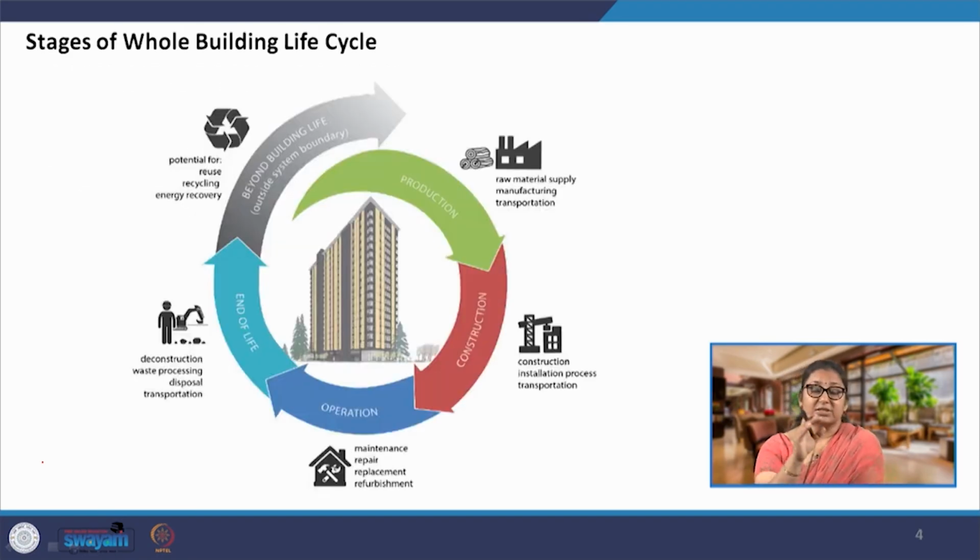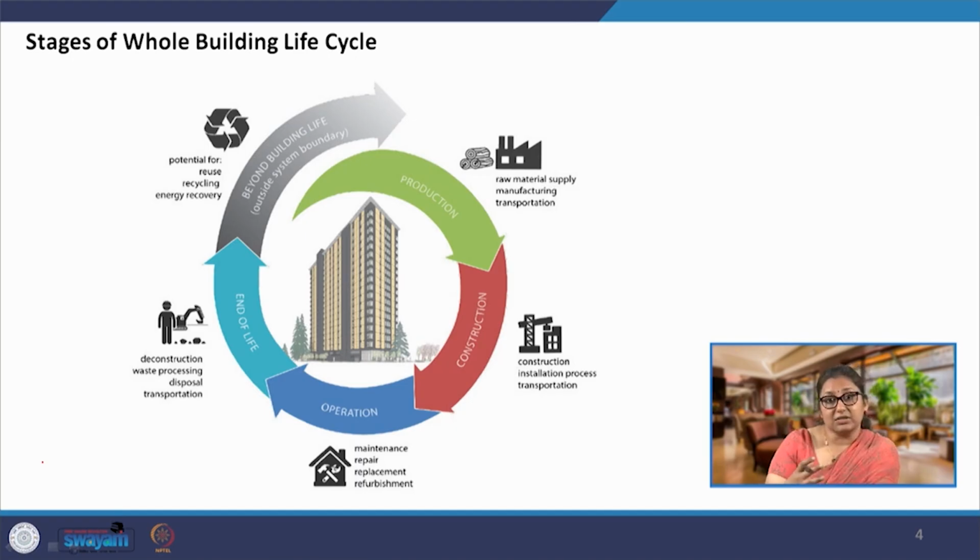So, starting with the stages of whole building life cycle, very simple, we clearly understand that the whole process of constructing a building starts from extracting the materials. So, producing the materials which are going to be used in the building. So, if we say brick, the raw material extraction for brick, which is say soil, clay, that is where the whole cycle, whole process starts.